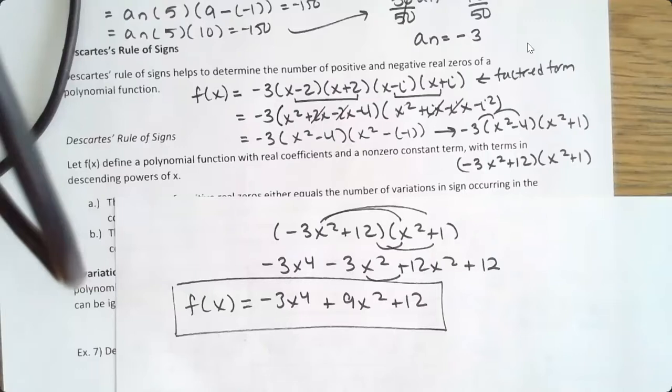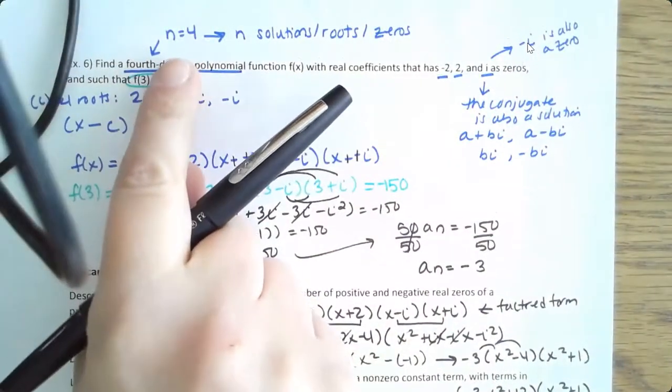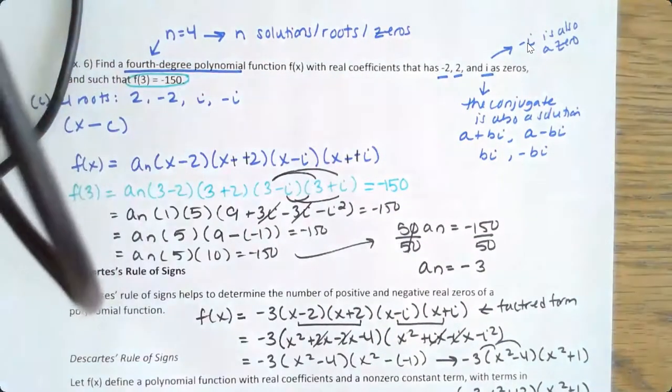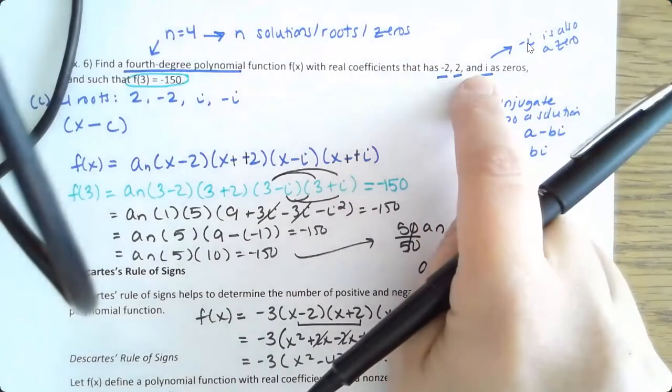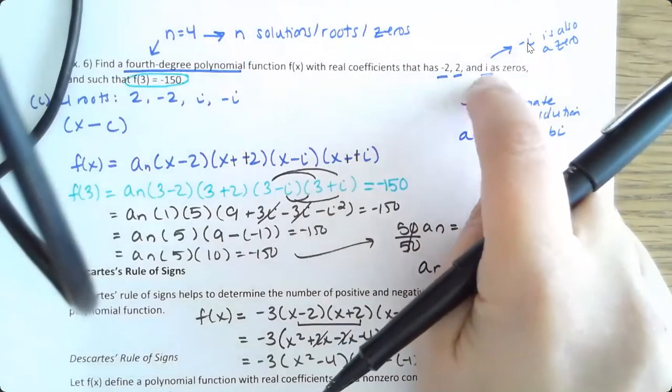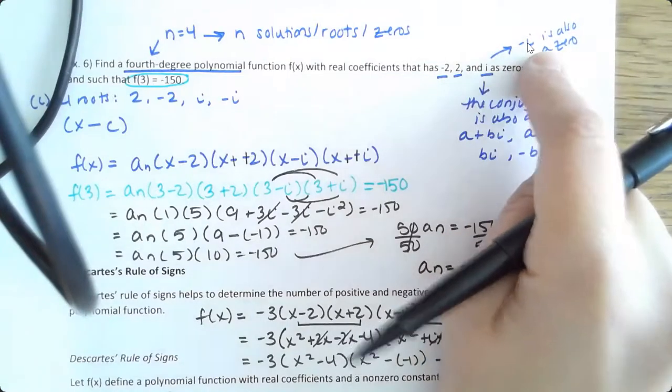I do encourage you, again, to take your time here, maybe pause the video and go back and see if you can do the problem on your own or read through it again so that you're understanding all the steps. What I did here to start is to just note that my degree was 4. So I was looking for 4 solutions or roots or zeros. I had 3, but I do actually have 4 because when we have imaginary units or imaginary numbers, the conjugate is also a solution.